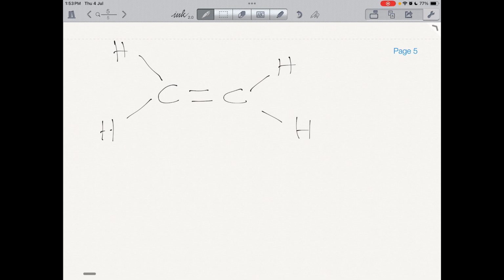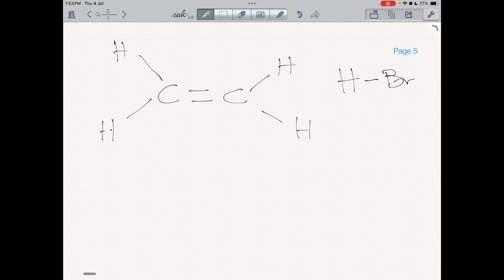Here is the alkene, that's the ethene, and then you have the HBr molecule being added to it.